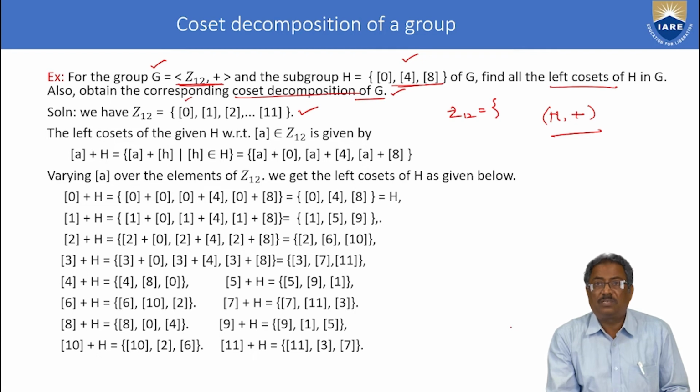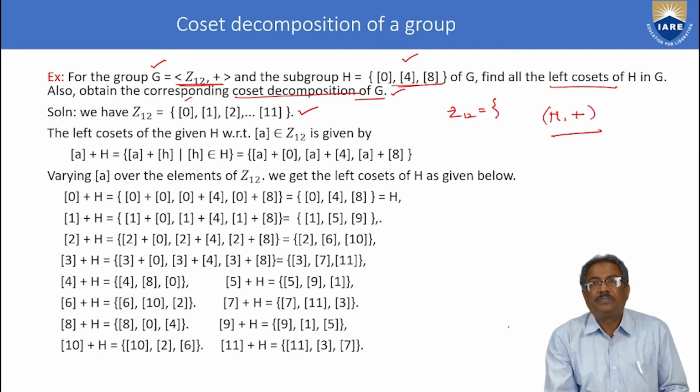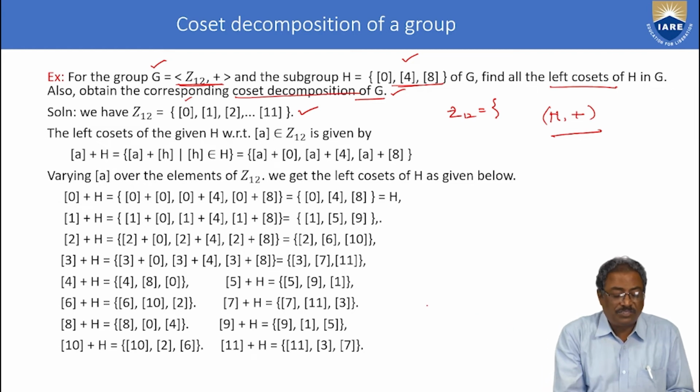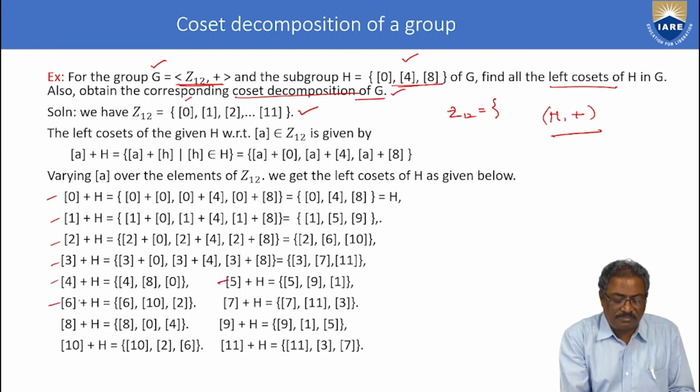Left cosets means we have to take each and every element of the set G. How many elements are there? 0, 1, 2, 3, 4, 5, 6, 7, 8, 9, 10, 11.